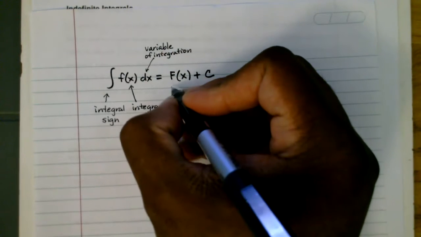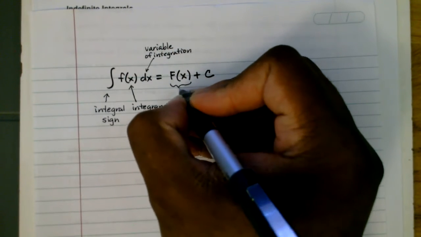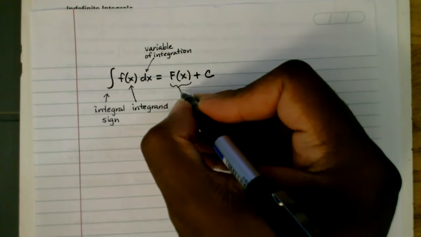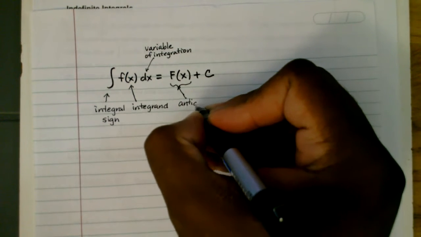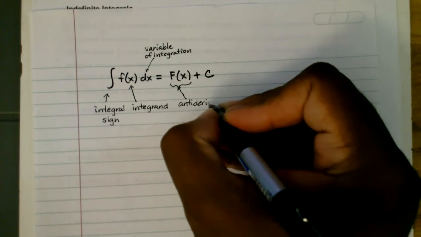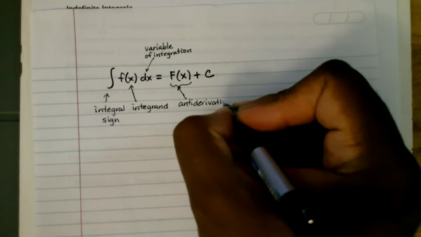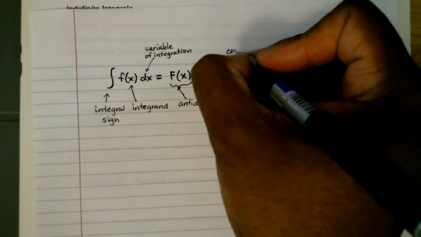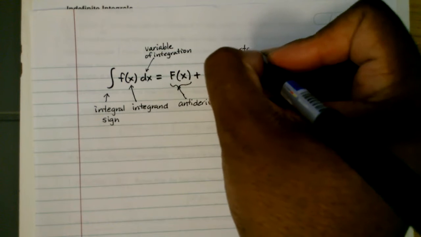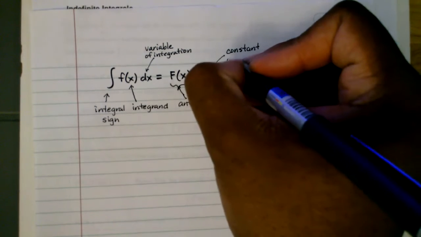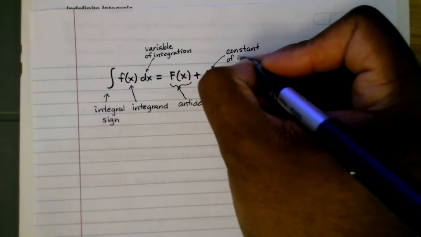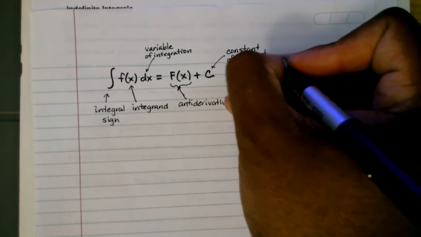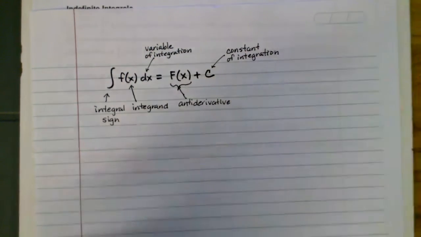Capital F of x, of course, is your antiderivative. And the capital C is called the constant of integration. So again, with your indefinite integrals, when you do those integrals, you must include plus c.